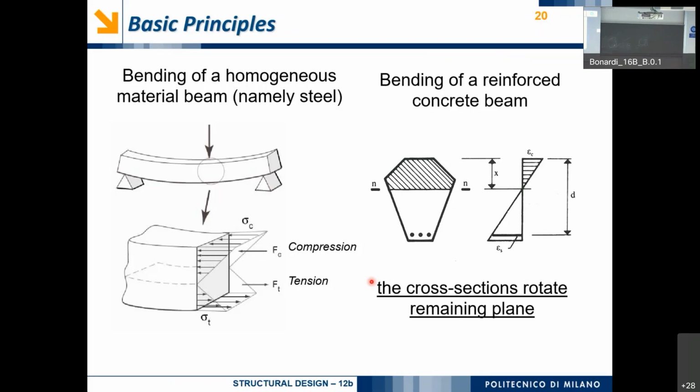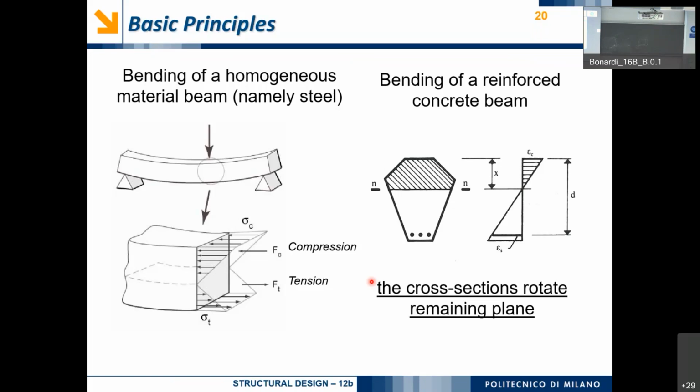The problem is, we have said so far that the concrete is capable to resist the compression, but does not resist to tension. So we have that the only element that can absorb the tension is the steel. We have seen before that if we integrate the tension stresses, we will have that the resultant in tension is equal to the resultant in compression for pure bending.